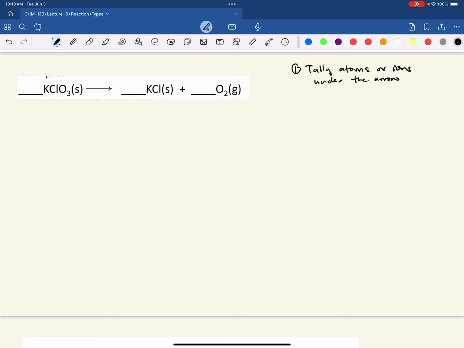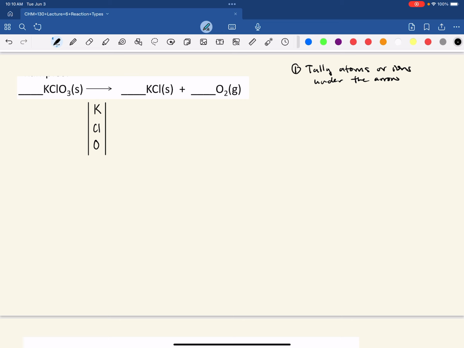So underneath the arrow, where clearly is the differentiating mark between the products and the reactants, I'm going to write K, Cl, and O. I've basically tallied or listed all of the atoms in the reactants and products, okay?